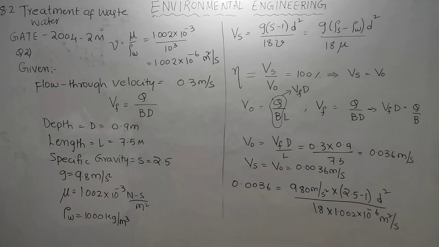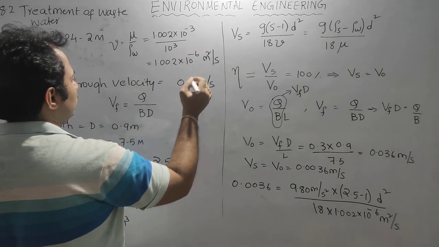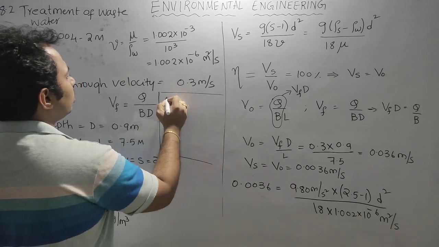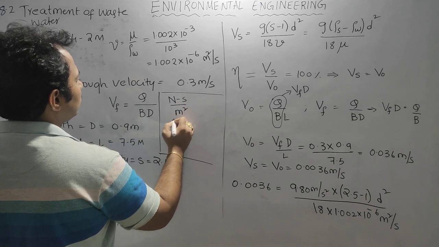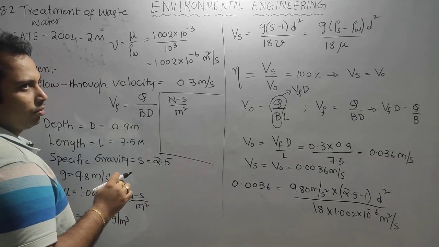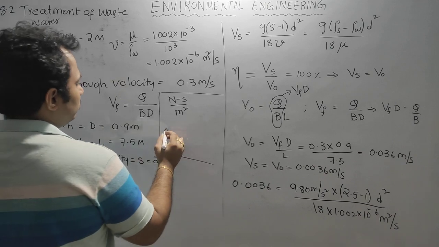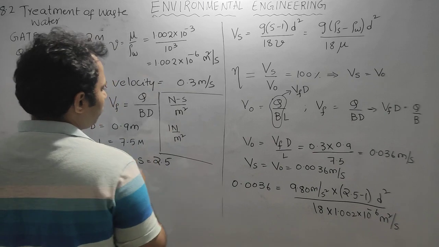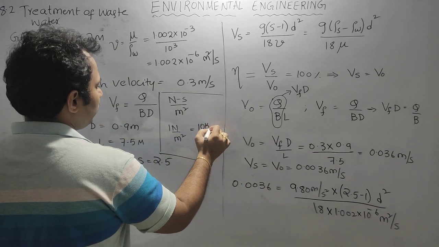First I need to convert this into kg second per meter square. So 1 Newton per meter square is equal to 10 kg per meter square.